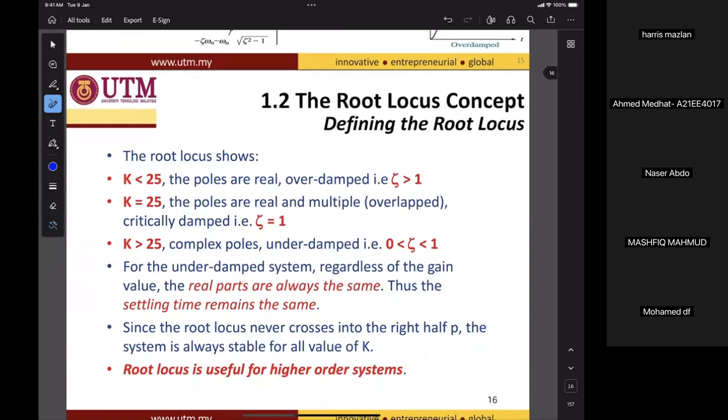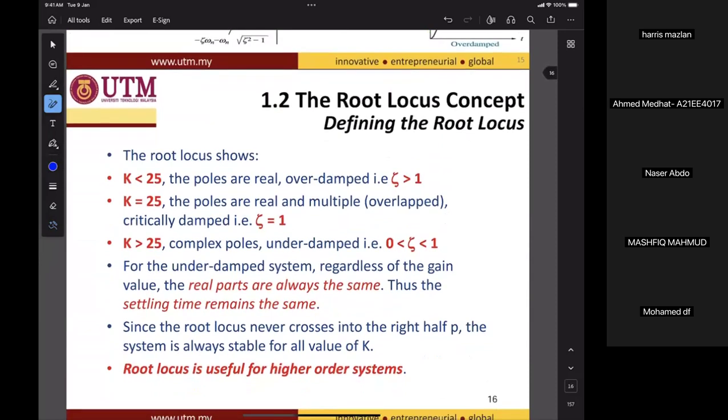So therefore, from the root locus that I discussed just now, we have three ranges. The first one is k less than 25, meaning that the poles are real and distinct, and zeta is greater than 1.